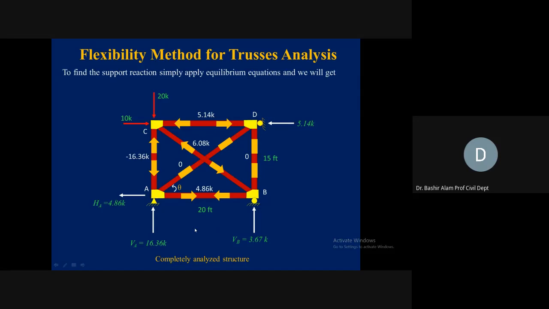So ASR, I'm saying now, it will be coming from the U values now, the first column and the second column. So this is your assignment now. Use the matrix approach and find out these vertical and horizontal reactions at A and vertical reaction at B by using the matrix approach.